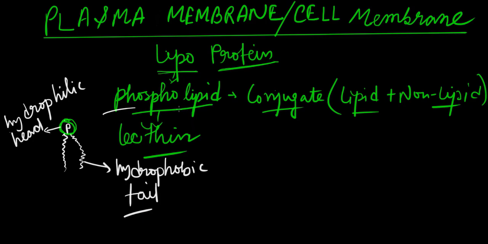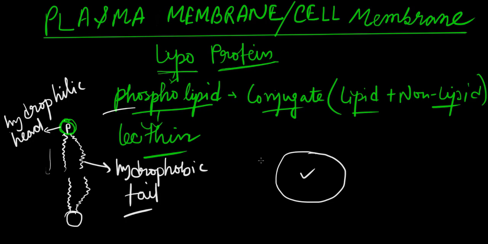And this phospholipid is not present in only one layer; there are two layers of phospholipid in the cell membrane. One is upside down and the other is in the opposite direction. Why? Because if this is a cell membrane, inside the cell there is water and outside there is also water.